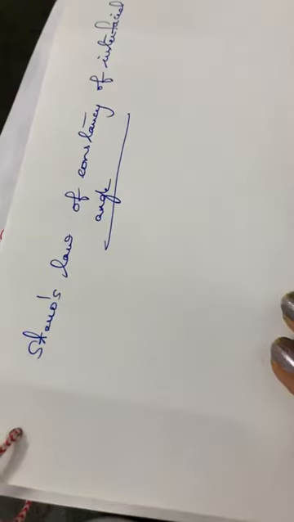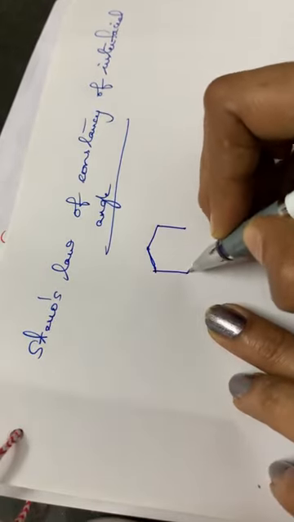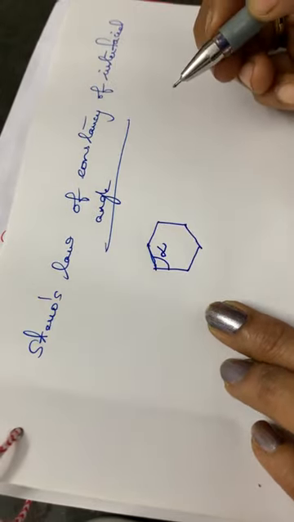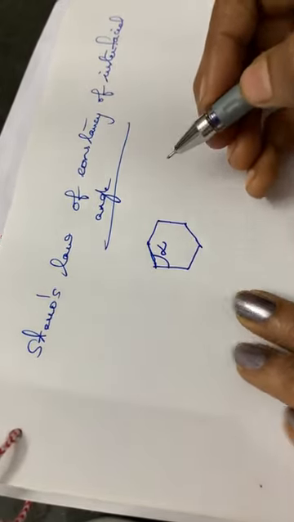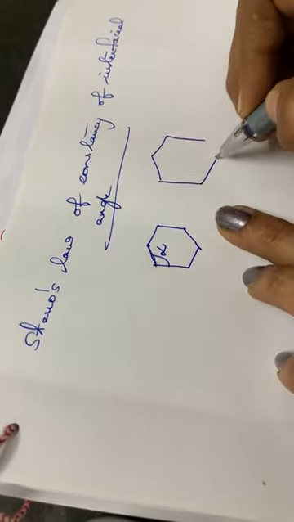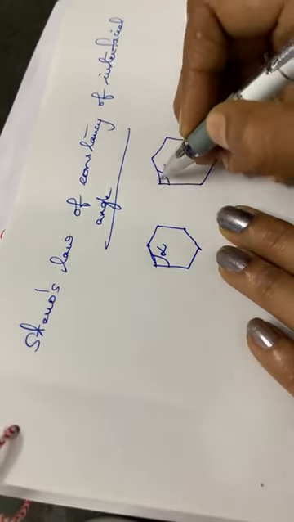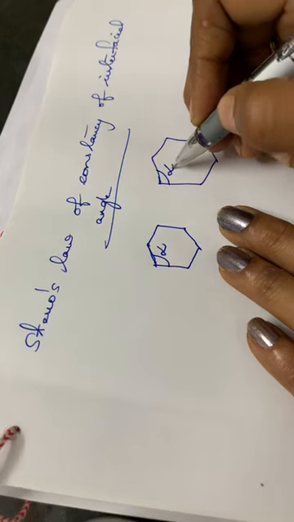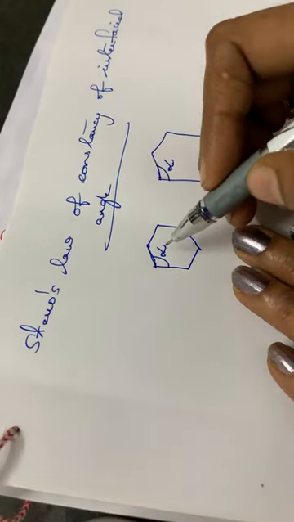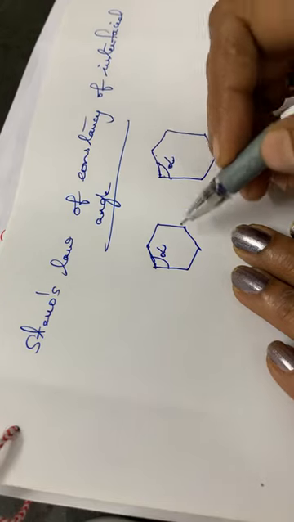So suppose this is the shape of a particular crystal, in the shape of a benzene ring. This is one angle for that crystal. As this crystal grows, the shape is almost similar, and the angles between the two faces will be the same even if the crystal grows. During the growth of the crystal, the angle between the two faces will be the same whether it grows or not.